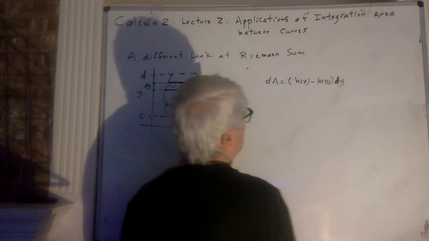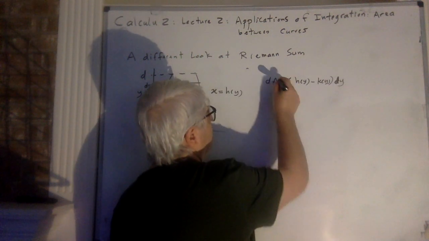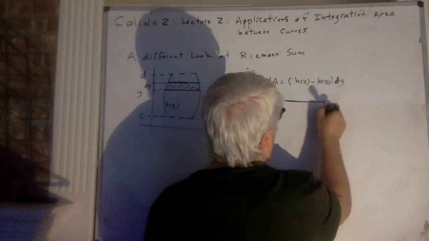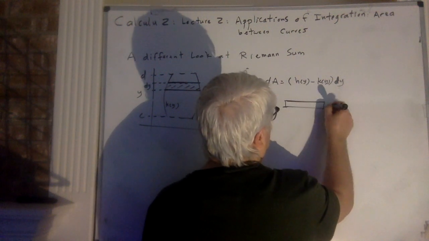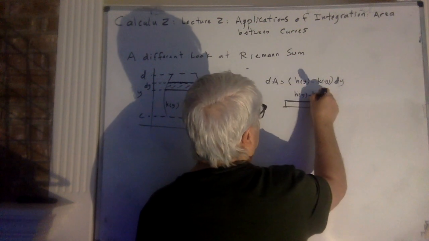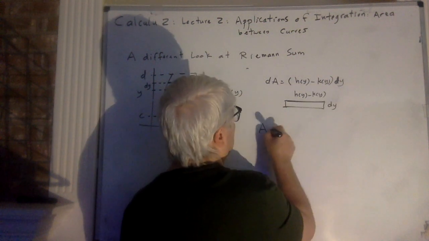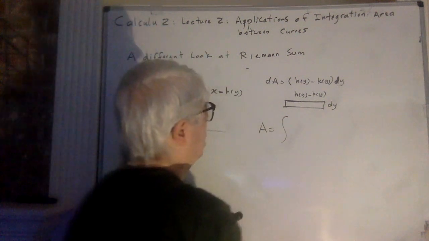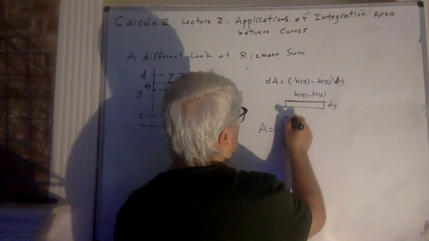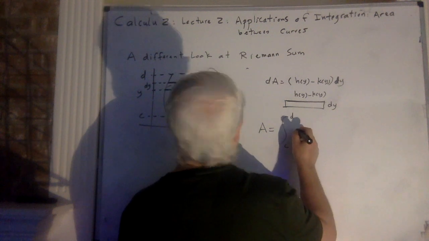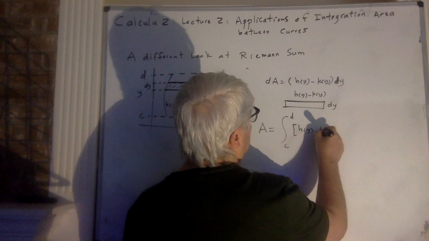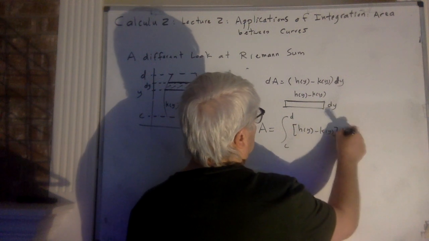Okay, so that is the differential of area, and it looks like this. That's dy, and this is h(y) minus k(y). So the area will be, since the variable is y, it goes from C to D, the integral of h(y) minus k(y) dy.